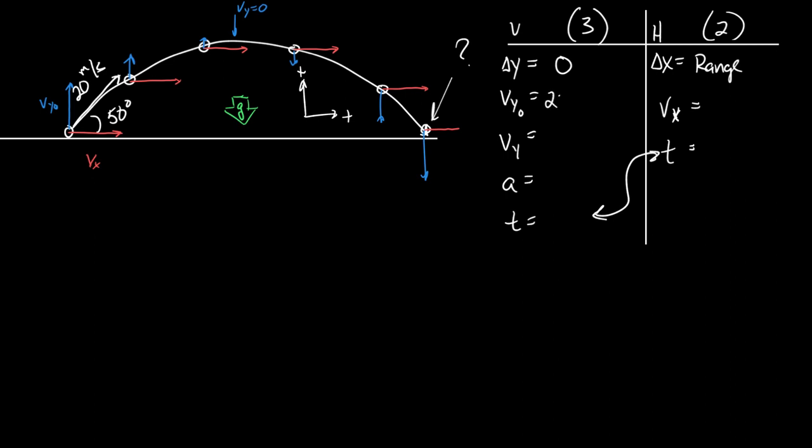Vy naught is going to be 20 sine 50, which we just got from the prior portion of the problem. A is going to be 10 meters per second squared. I chose upwards as positive, so this is positive and this is negative. At the same time, Vx is 20 cosine 50.